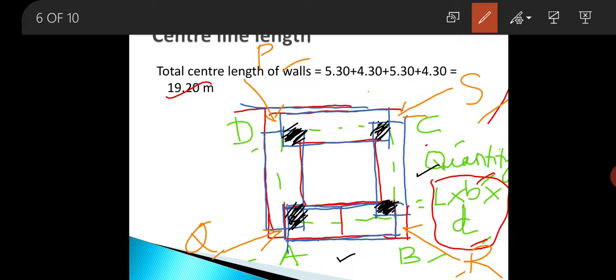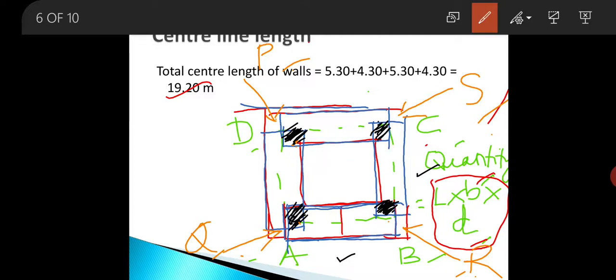But this will not affect the total quantity, as the shaded portion has the same dimensions as these left out portions, that means P, Q, R and S. The shaded portions which are colored with black are taken twice. Clear? That's why it is not going to affect your quantity.